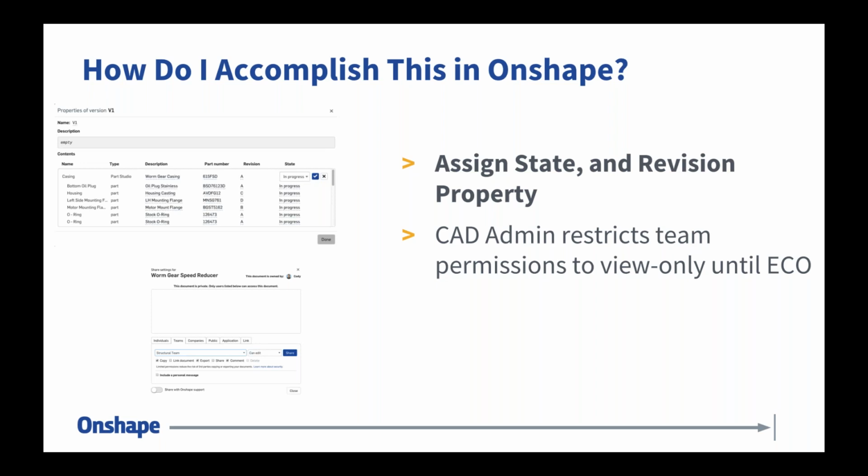And an important part of all we're talking about in released designs here is creating those versions and capturing that metadata, right? The state, the revision, they're just properties within the document that we can adjust as we're creating those versions. Now, how would you restrict the access to the documents based on their state? That's a manual step as of today, done via the CAD administrator.